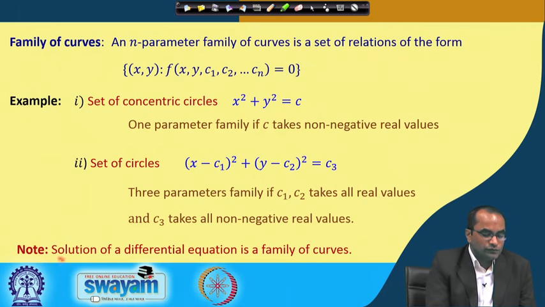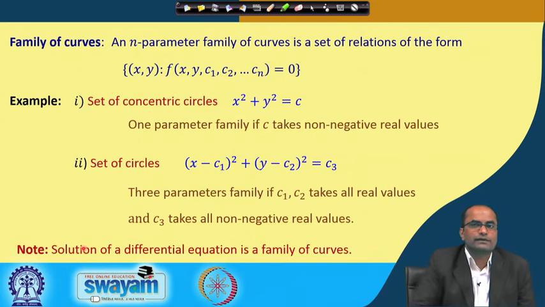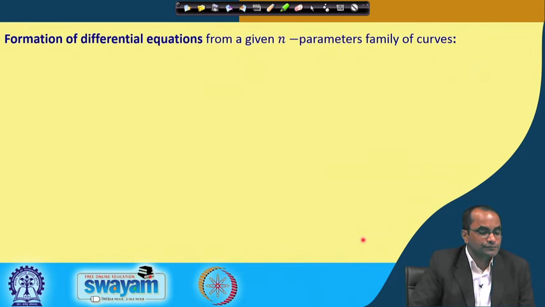What we also observe is that the solution of a differential equation, as we have seen in the previous example, is a family of curves, nothing else but a family of curves, which we will also observe in the next slides. So, how do we form the differential equation for a given n parameter family of curves?